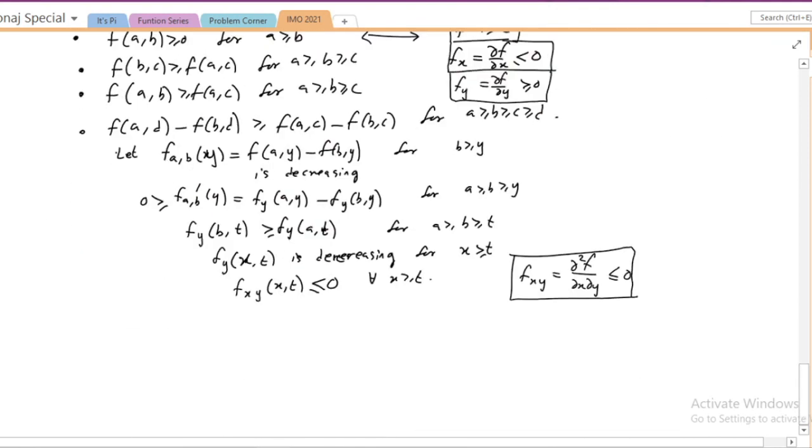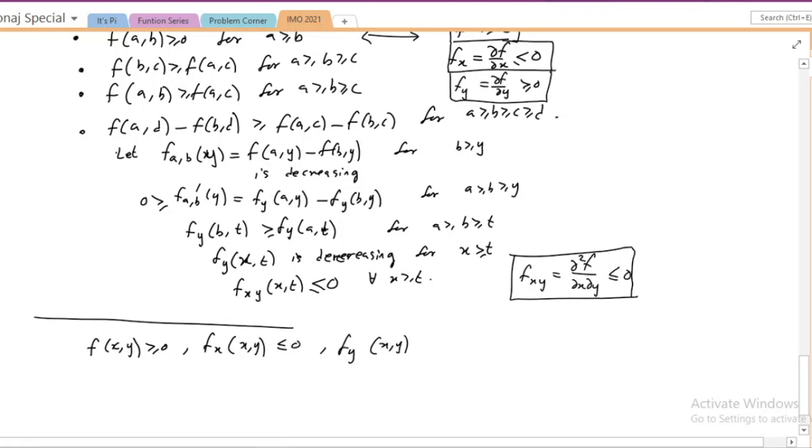So we just need fxy to be greater than or equal to 0, fx less than or equal to 0, fy greater than or equal to 0, fxy less than or equal to 0 over xy.